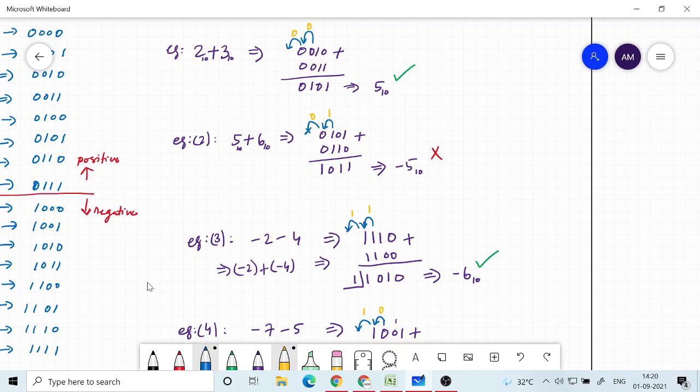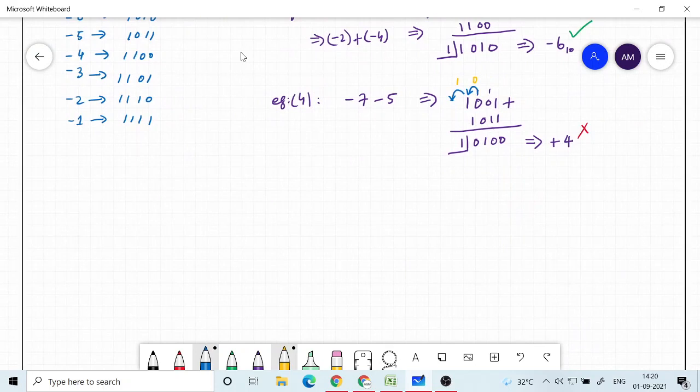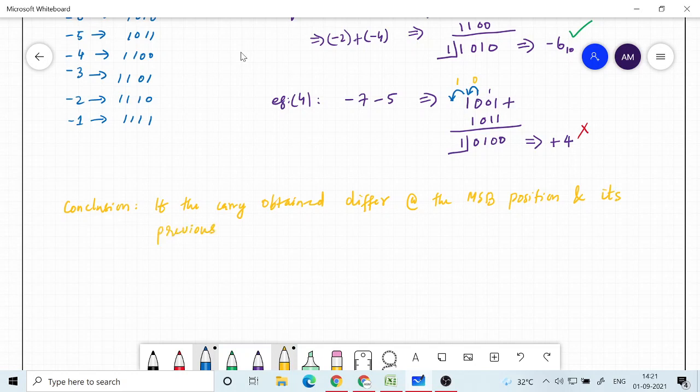So the conclusion here is that if the carries obtained differ at the MSB position, MSB meaning most significant bit position, and its previous position, this indicates a case of overflow.